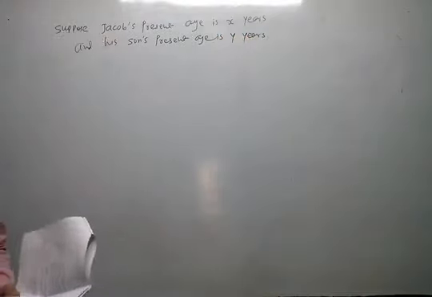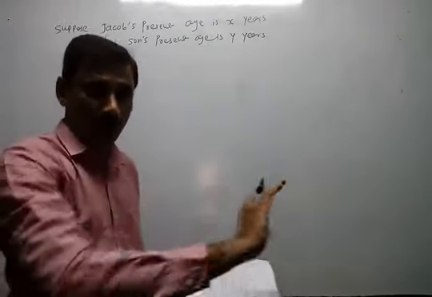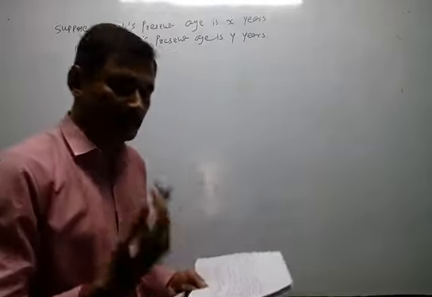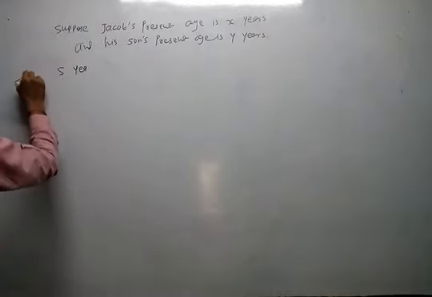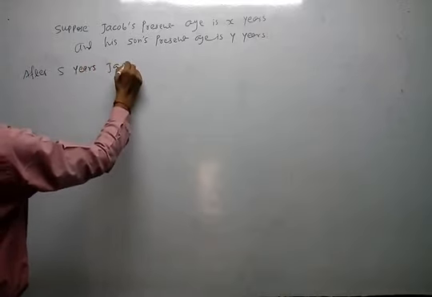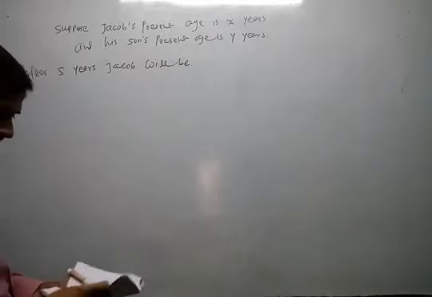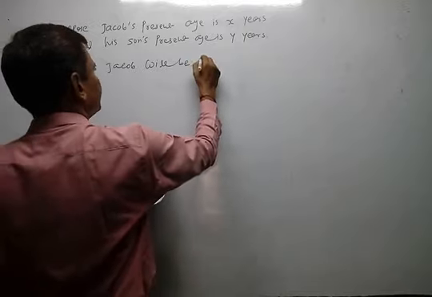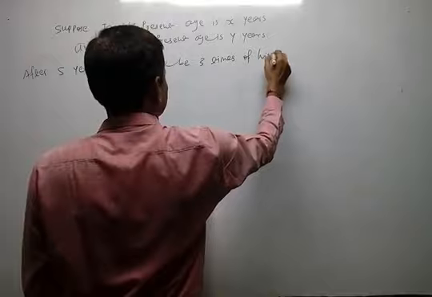Okay, now they are telling 5 years hence, which means after 5 years from now. Jacob will be 3 times that of his son. So write down that after 5 years, how many times? 3 times of his son.